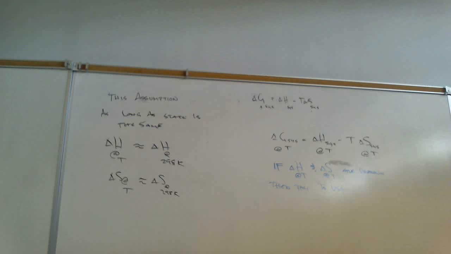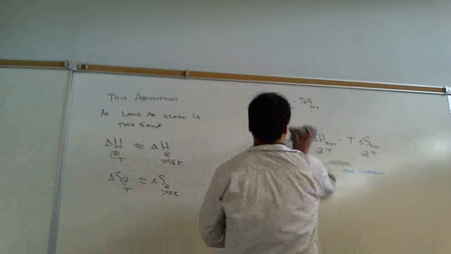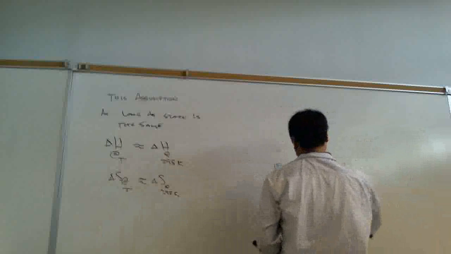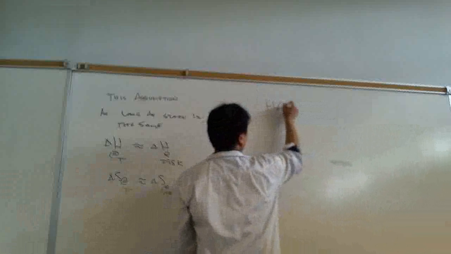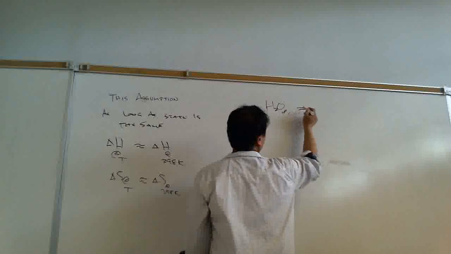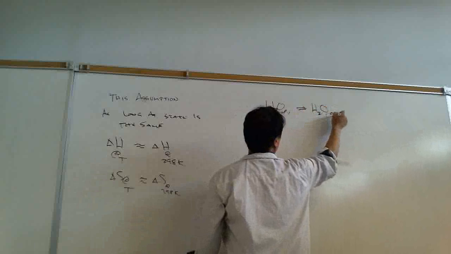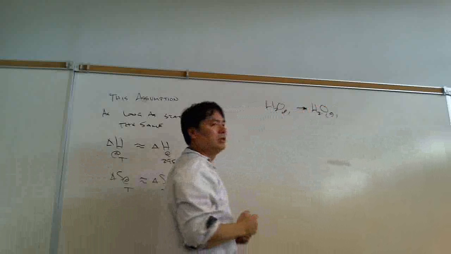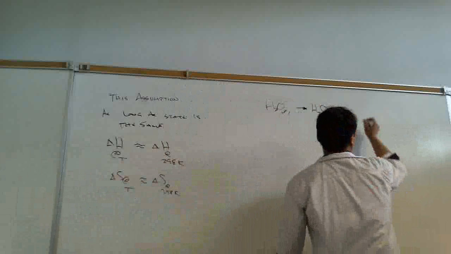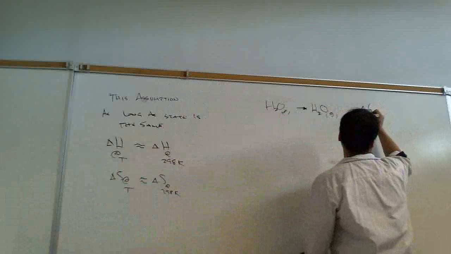And so let's go ahead and try out a calculation here. Let's look at this. H2O liquid goes to H2O gas. Let's say delta G at 298.